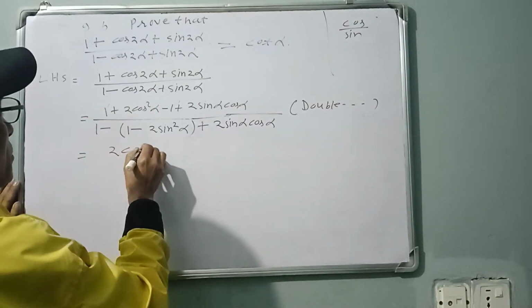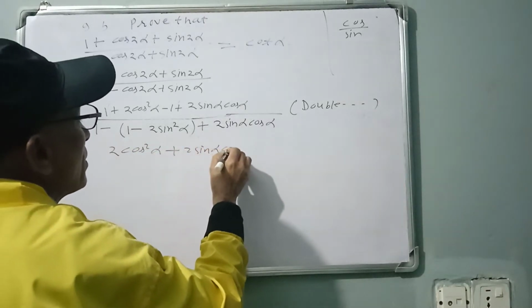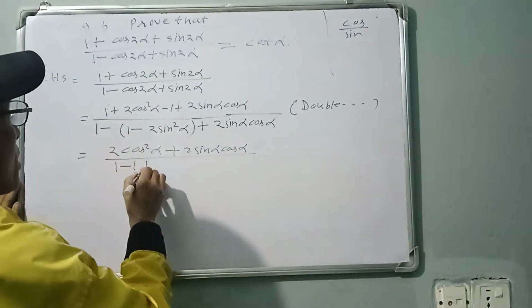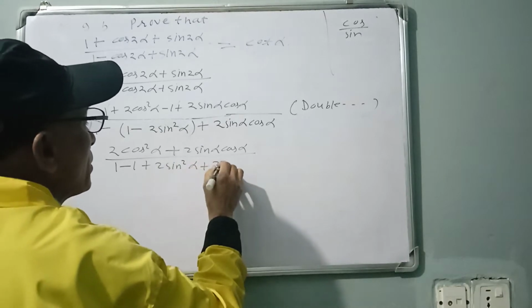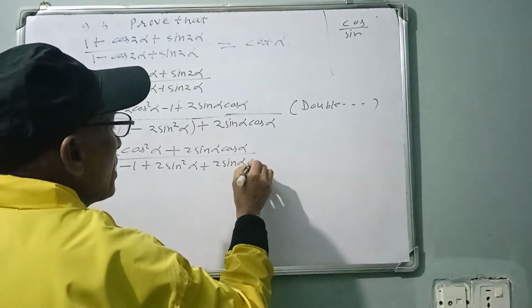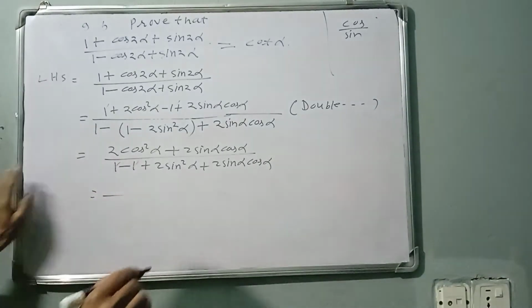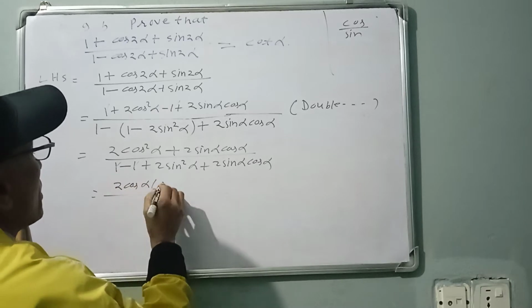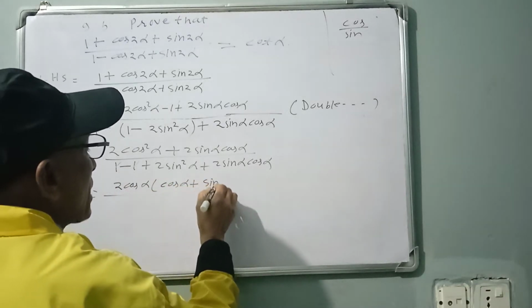Twice cos square alpha plus twice sin alpha cos alpha upon 1 minus 1 plus twice sin square alpha plus 2 sin alpha cos alpha, 1 cancel. Now, what you do? 2 cos alpha common from the numerator. Remaining is cos alpha plus sin alpha.